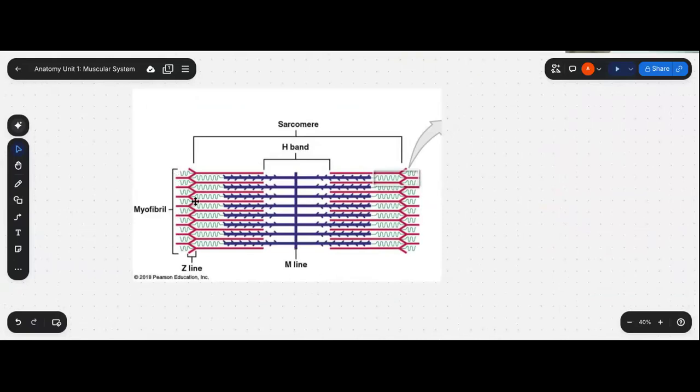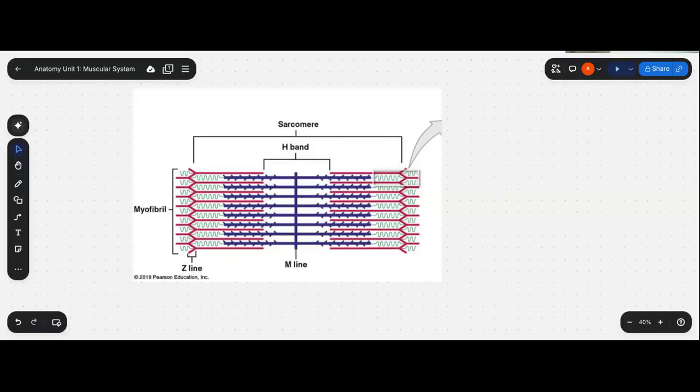Now, this red squiggly little portion, that is going to be your Z line. And now we have one Z line here, another Z line here. And as I explained up above in the other model, Z line to Z line equals a sarcomere. So this whole portion over here, sarcomere.